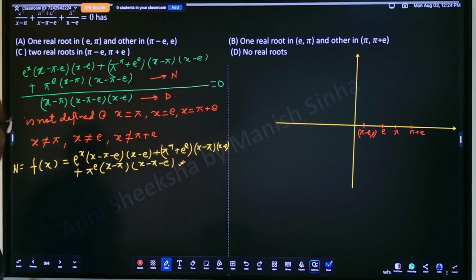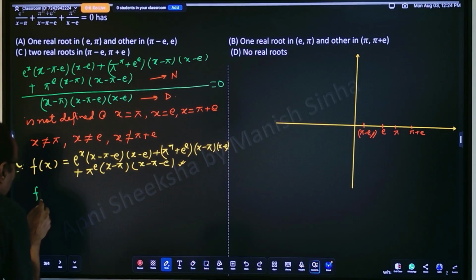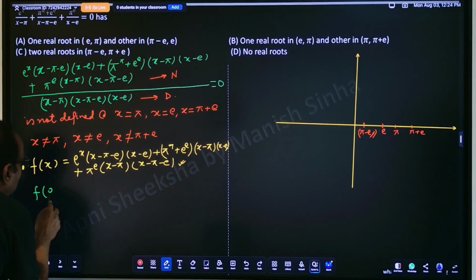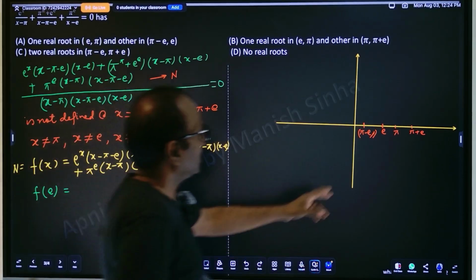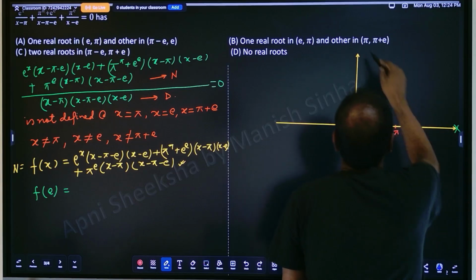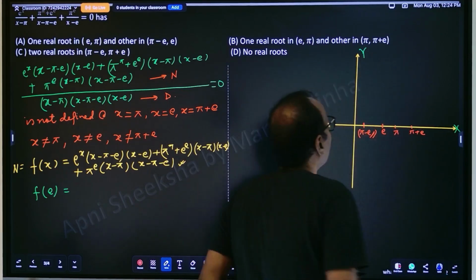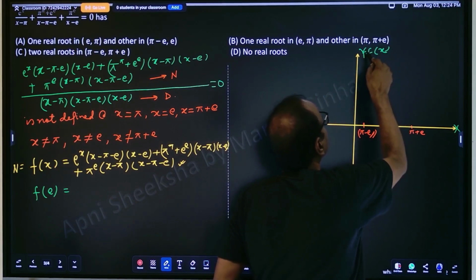So let us try now with f(e). e is here on the x-axis. This is your x-axis, this is your y-axis, which is a function of x.